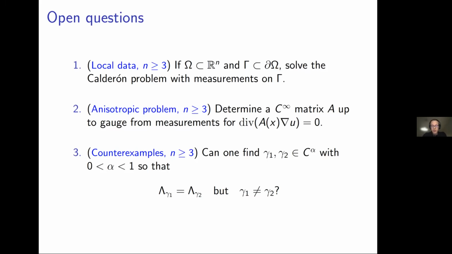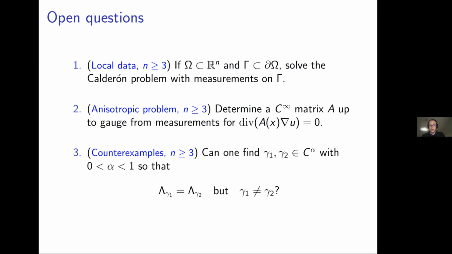Another open problem is, instead of looking at scalar conductivity coefficients, to determine a matrix coefficient. So determine a smooth matrix A, up to gauge, from measurements for this equation, divergence of A∇u equal to 0. Now this coefficient here is a matrix instead of a scalar function.